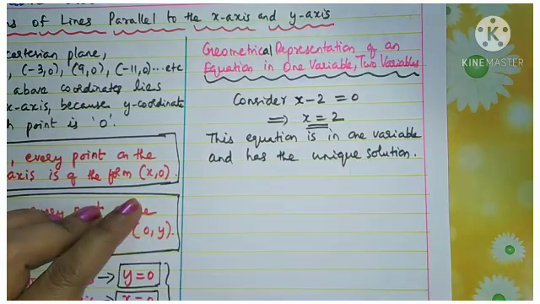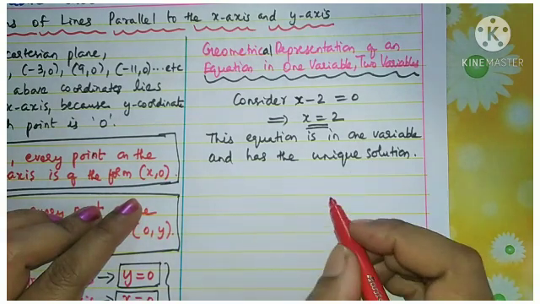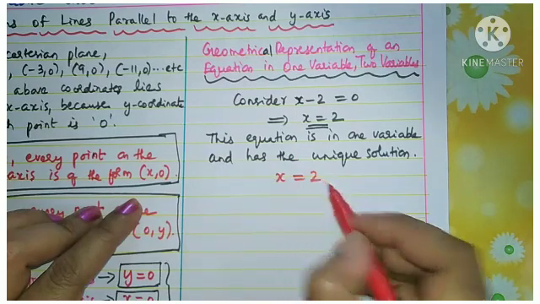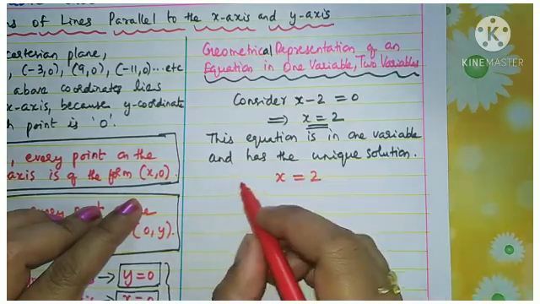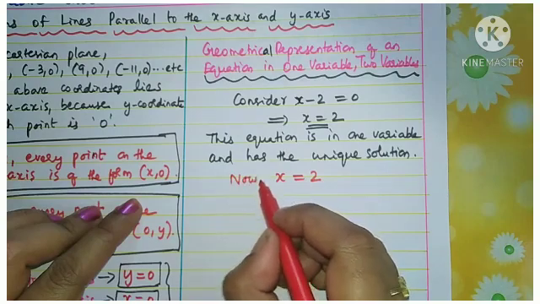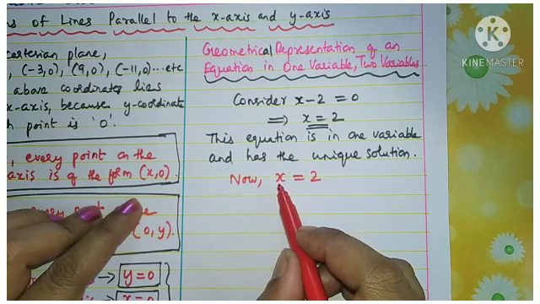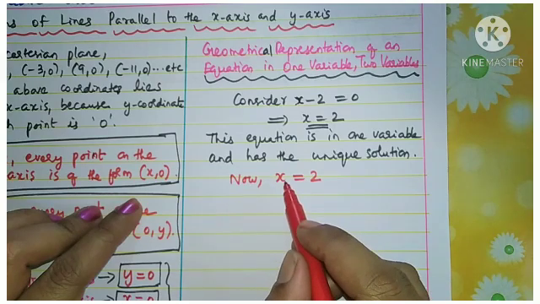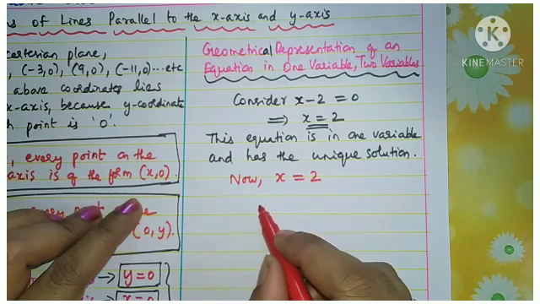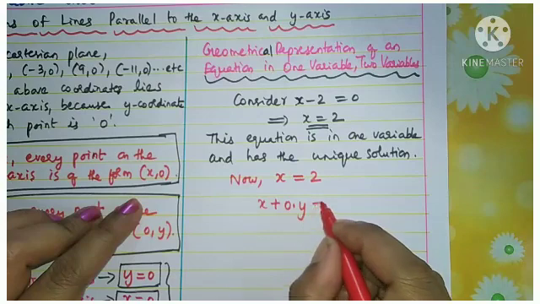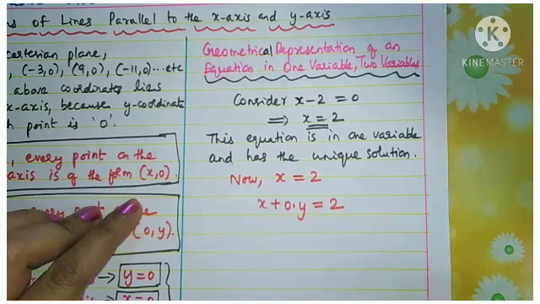If I represent this equation x equal to 2 in two variables, x means the coefficient of x here is 1. So I am writing the equation as x plus 0 into y equal to 2, because y is not there.